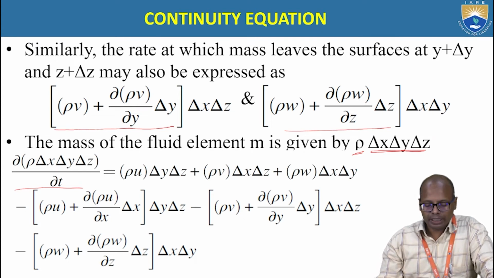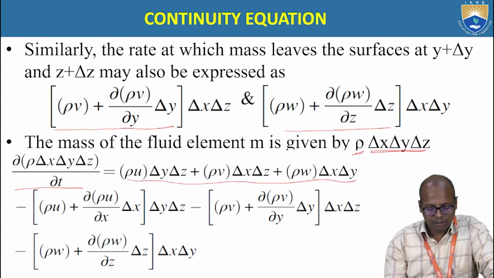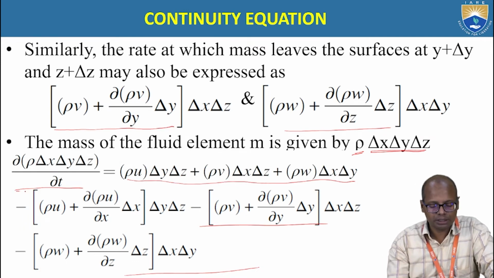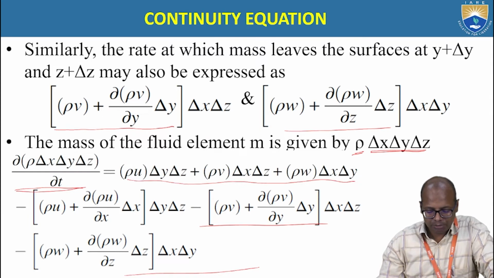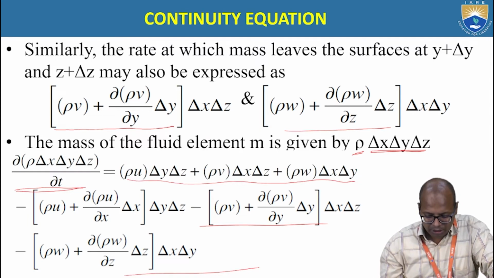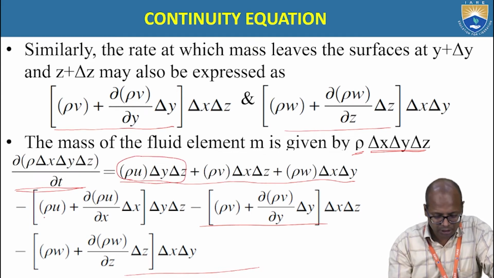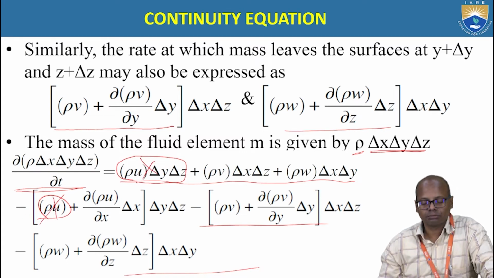Now what I have to write is the sum of mass entering and the sum of mass leaving. Mass entering minus mass leaving will give the change in mass with respect to time. So if I want to simplify here, this rho u into delta y delta z is there, and here also one term is there. This is positive, this is negative, so this will get cancelled.